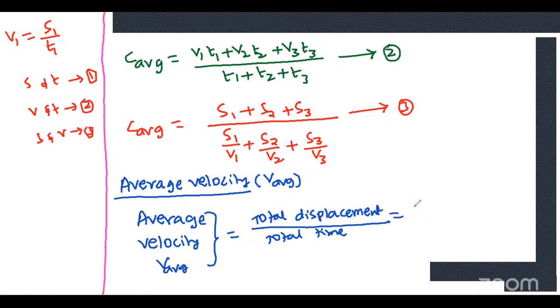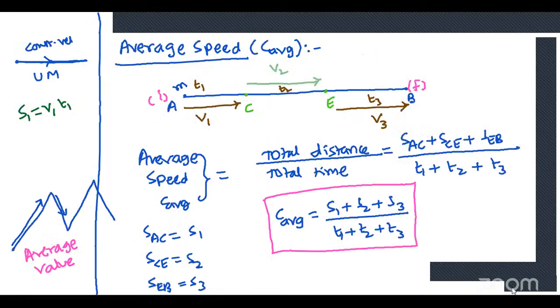If we are having two intervals, then I can write R1 plus R2 by T1 plus T2. In the above example, we considered three intervals.